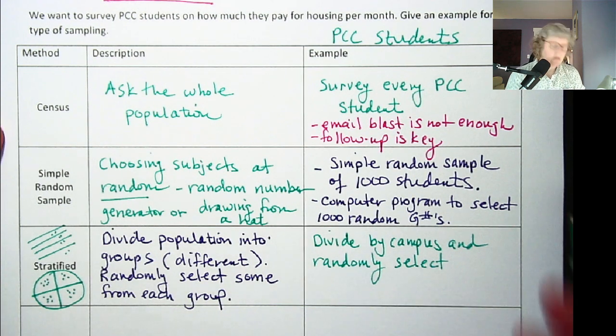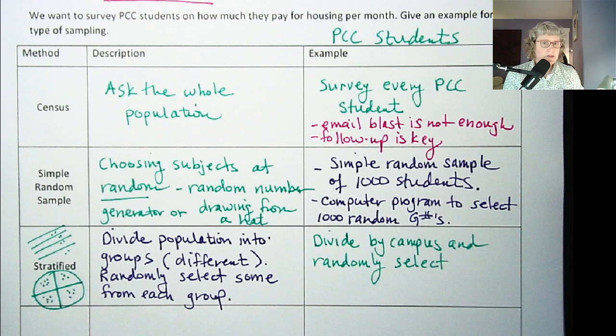Now, this is interesting. Would we want to take 250 from each campus? That's one way to do it. Or we could select a size proportional to the size of the campus. In other words, from bigger campuses, Sylvania and Rock Creek, we might select more students, and from the smaller campuses, Cascade and Southeast, select a little bit fewer.